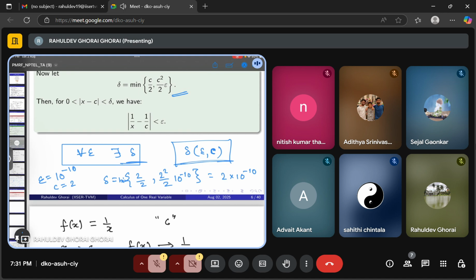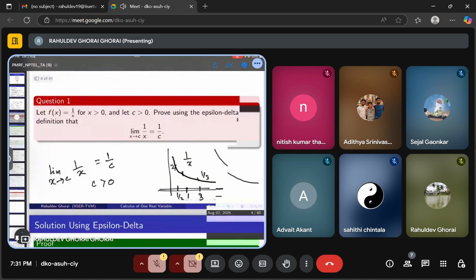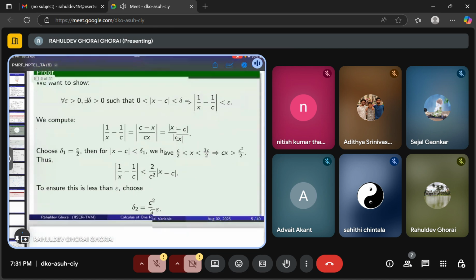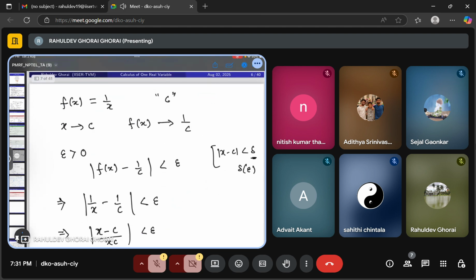Otherwise you have to just say, yes, there exists. So this makes the epsilon delta definition much more precise.